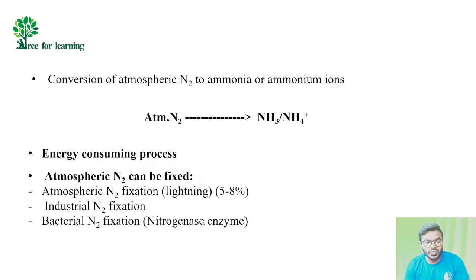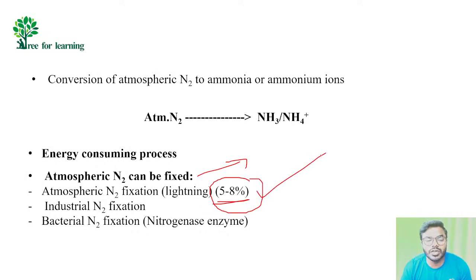Friends, from plus 12 onwards, we were reading that we can fix the atmospheric nitrogen in different ways. You know, right? When the natural lightning comes, understand my words correctly, we can fix 5 to 8% of the nitrogen. Correct, my friends? And you know very well, industrial nitrogen fixation, you read in plus 2.